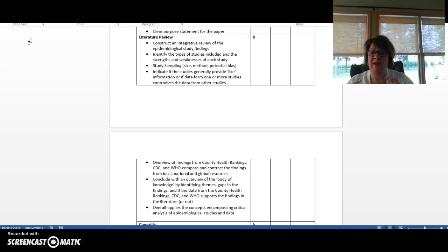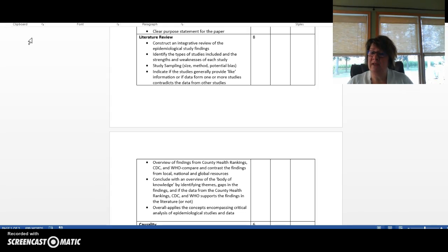So I expect to see multiple references within the same paragraph. So like I said, you just don't want to highlight one study, then the next, then the next. You want to really assimilate and consolidate that information to show what the general, this is a very modified process, show what the general body of knowledge actually shows about a particular issue.